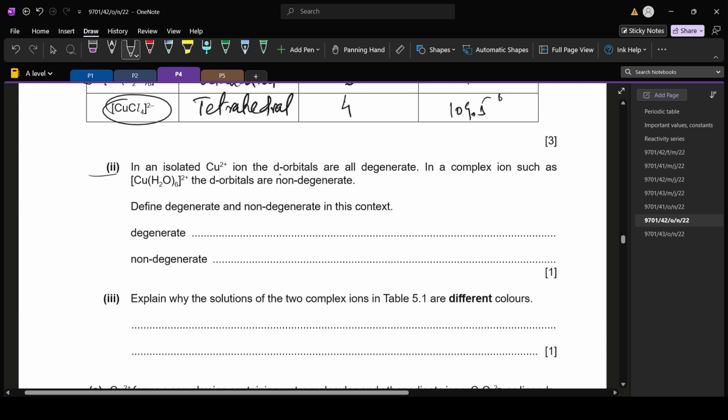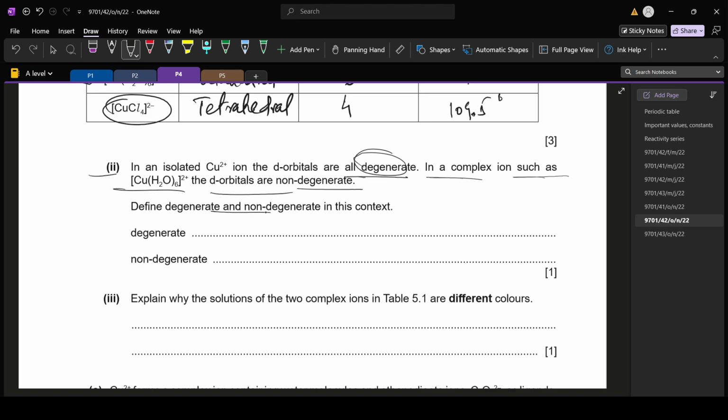In an isolated copper(II) ion, the d orbitals are all degenerate. Degenerate means of the same energy level. And in a complex ion such as this complex ion of copper, the d orbitals are non-degenerate. Define degenerate and non-degenerate in this context.